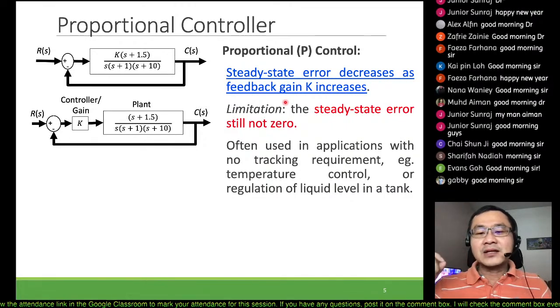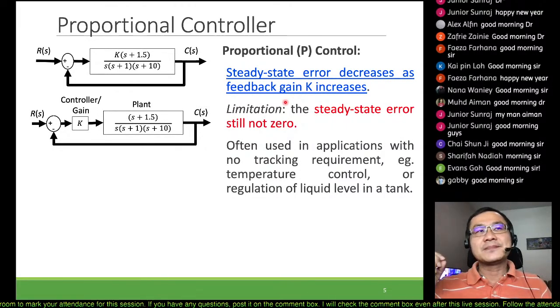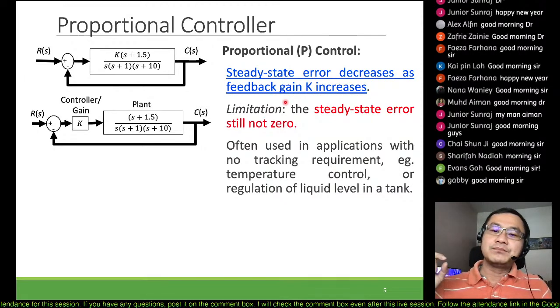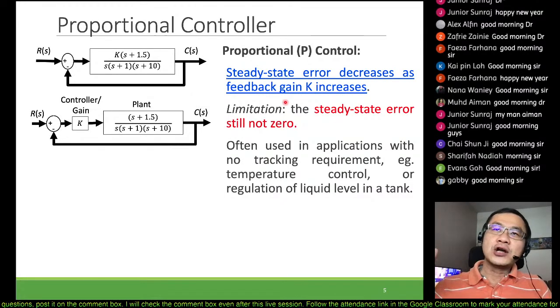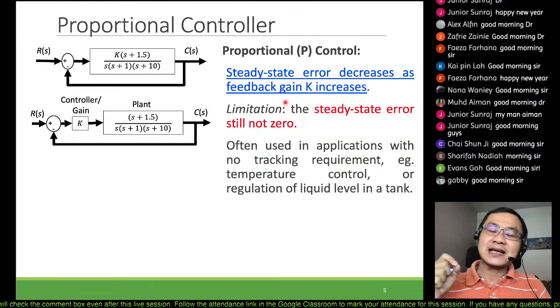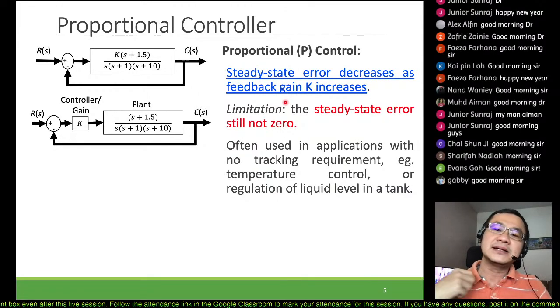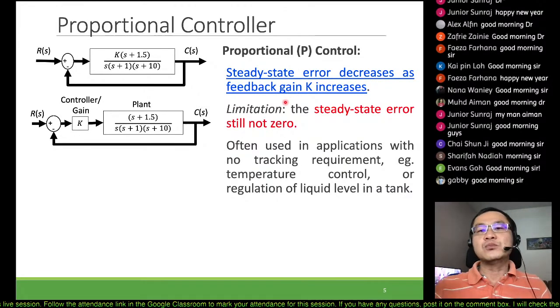And for that particular system, if we are not particular about, maybe, a tracking requirement, like you don't need to actually detect the exact locations, for example your printer cartridge movement, okay.